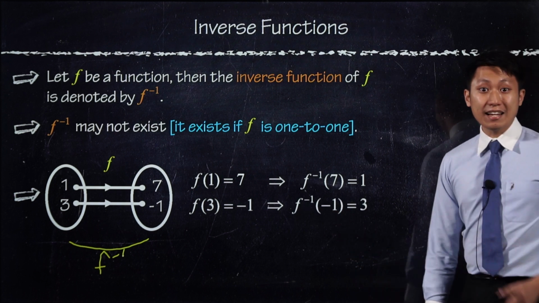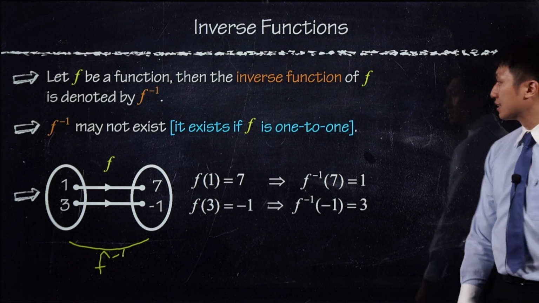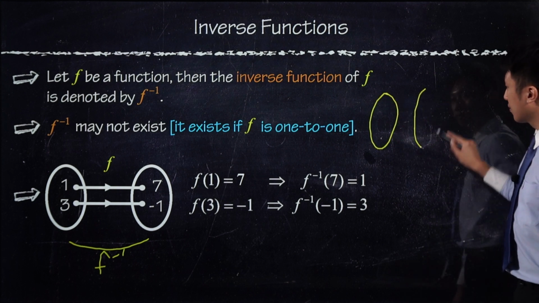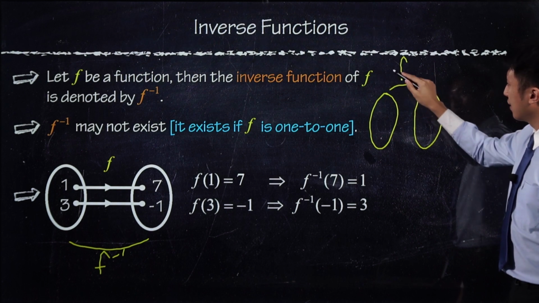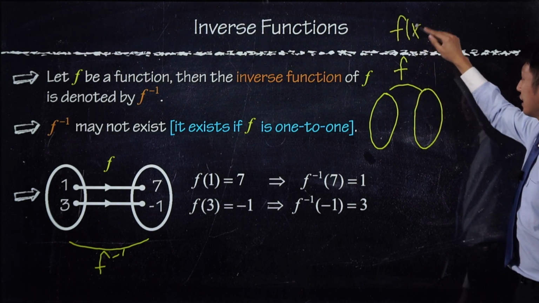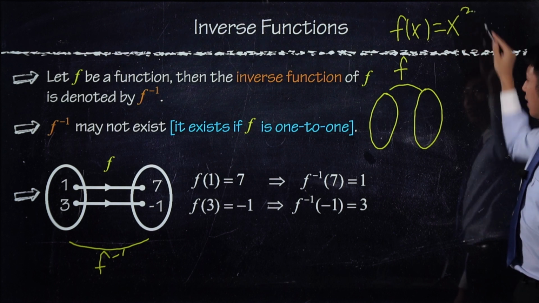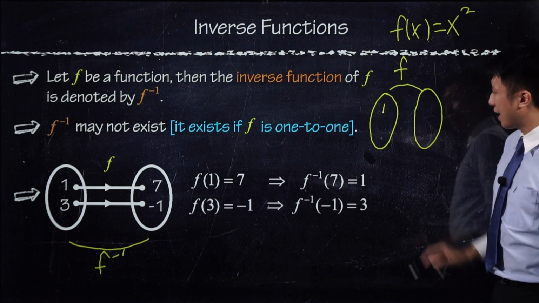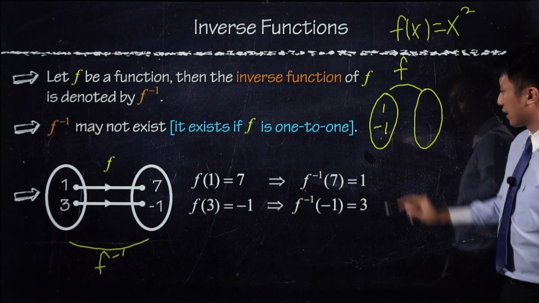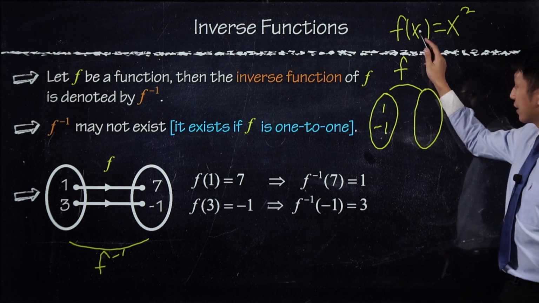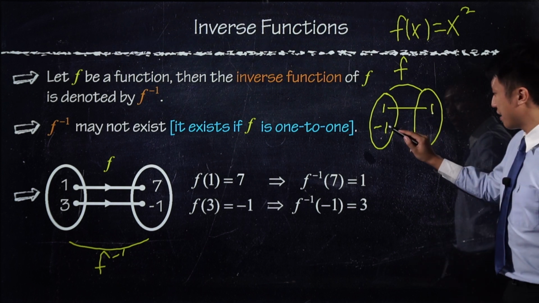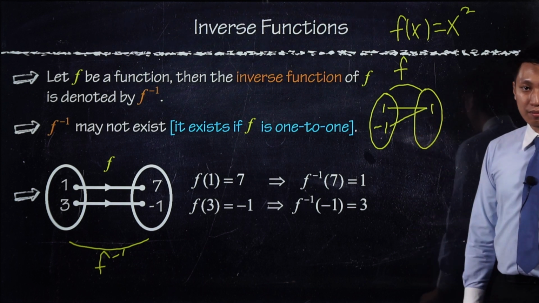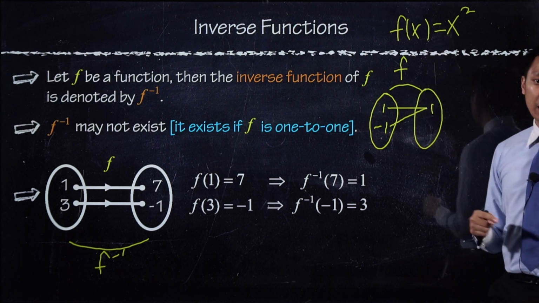I'll tell you one situation where the inverse does not exist. Let's say this is f, and f of x is equal to x squared. On the left-hand side I have 1 and -1. 1 here will map to 1. -1 here will also map to 1, because if you square -1, it becomes 1.